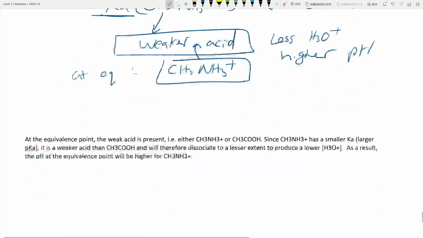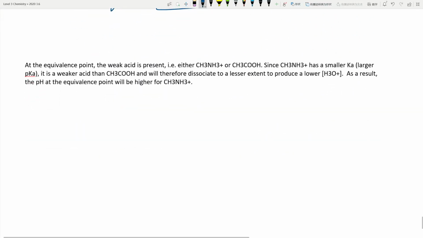At equivalence point you only have the weak acid, CH3COOH in the first scenario and CH3NH3+ in the second. Because this has a smaller Ka, it's a weaker acid, therefore it dissociates less, therefore it has less H3O+, therefore the pH will be a little bit higher.